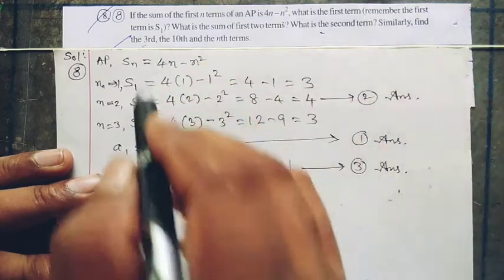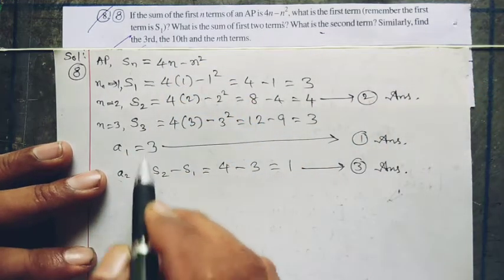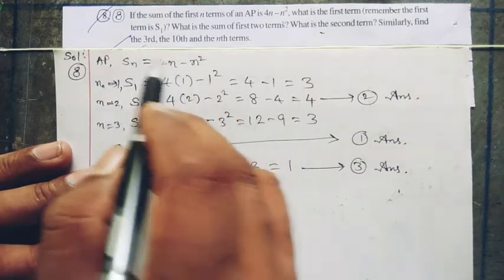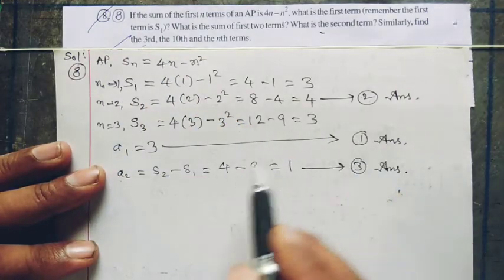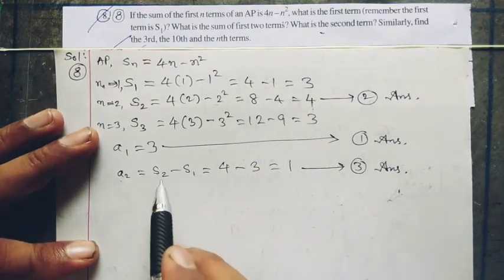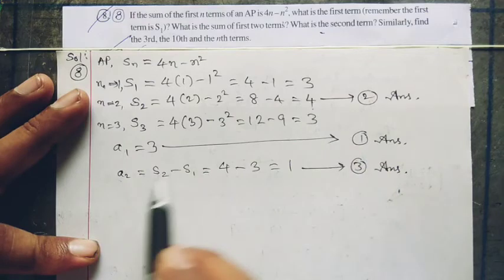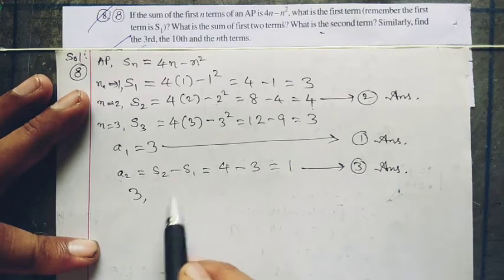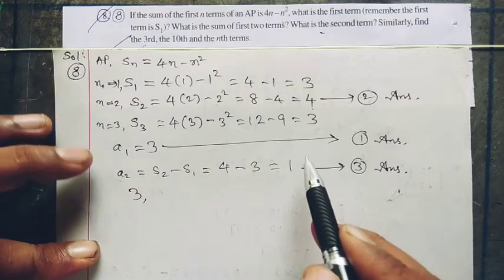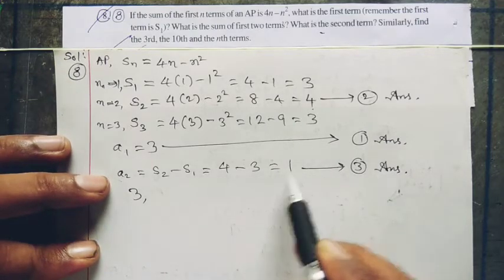Similarly, find the third term. So we can write the pattern first. First term 3, second term A2 = 1.